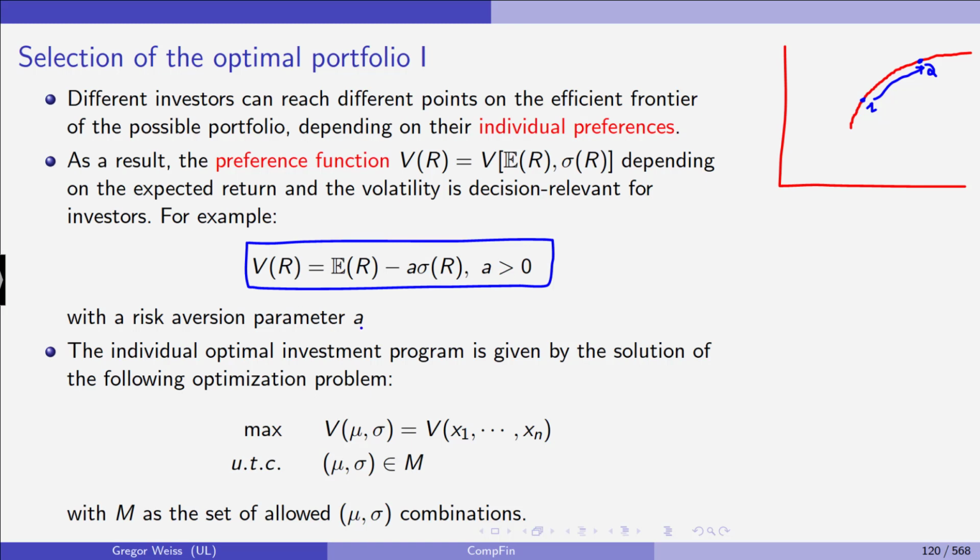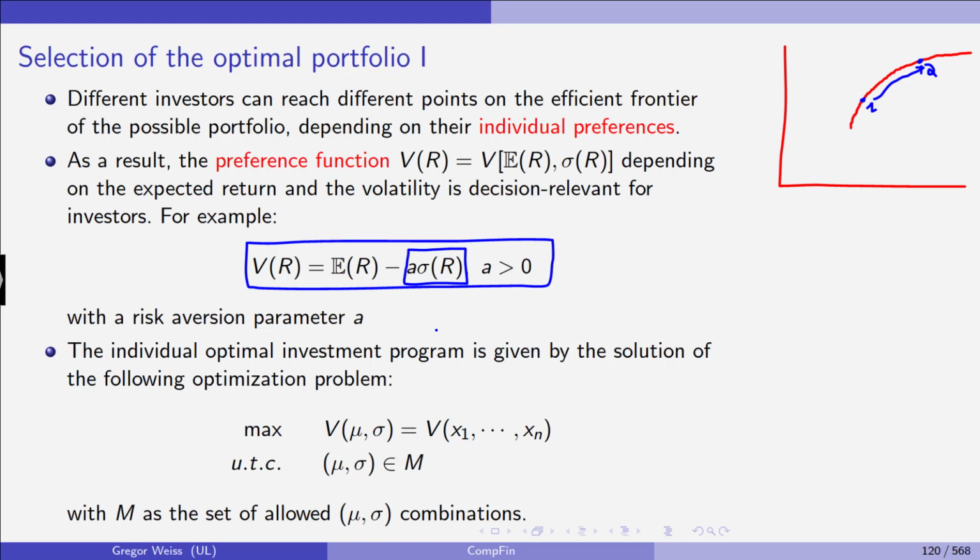And A now obviously is a risk aversion parameter, because if you have higher risk aversion, then this volatility of your investment, of your portfolio, will be higher, and thus risk aversion and risk in general will be given a higher weight in your preference function.